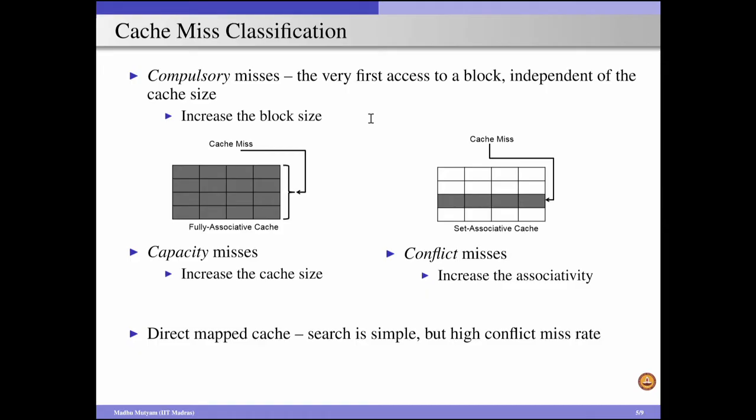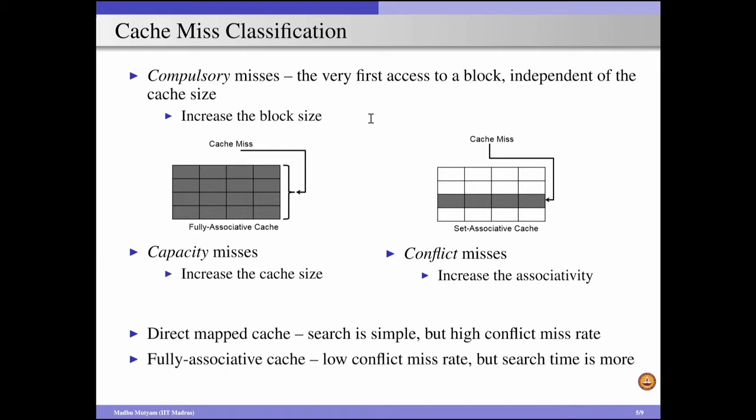So among all these types of cache misses, the compulsory misses are a very low fraction of overall misses, whereas the conflict misses have the highest percentage of misses. In other words, the conflict misses are predominant, and we have to optimize our caches in such a way that the conflict miss rate is reduced to improve the overall performance. When we consider direct mapped caches, we know that the search is simple, but the conflict miss rate is very high, because in the direct mapped cache, each set can accommodate only one block.